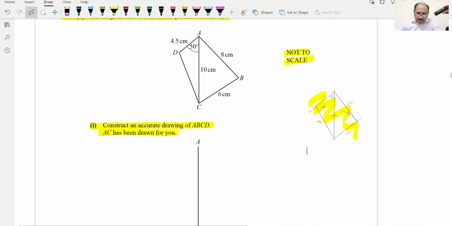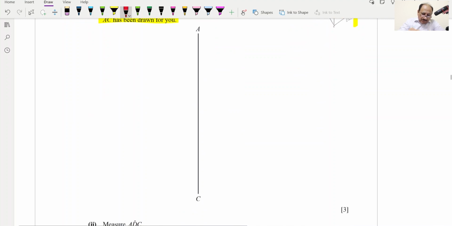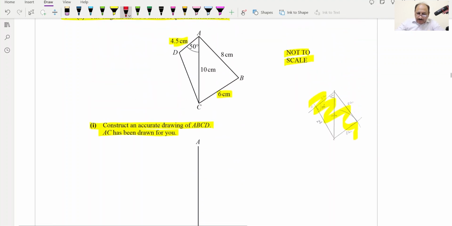So we will check first of all, this length is 6 centimeters. So we can start from this side or this side, not an issue. So for 6 centimeter BC, we will open our compass, place it over here and take 6 centimeter.